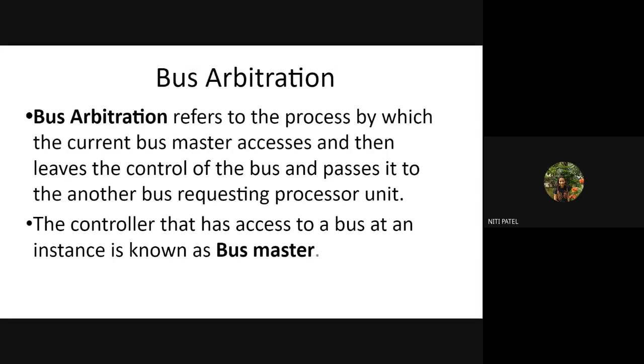It will complete all its execution and give the buses back to the system. Then system 2 will request for the buses. The buses will be granted to system 2, execution will be done, and it will put the buses back into the system again. Then after 2 has completed, 3 will take the buses.